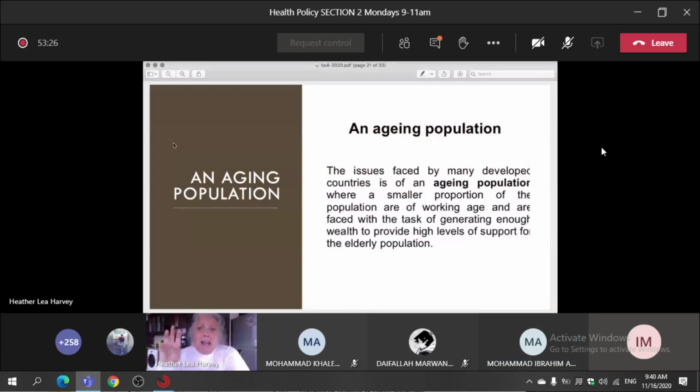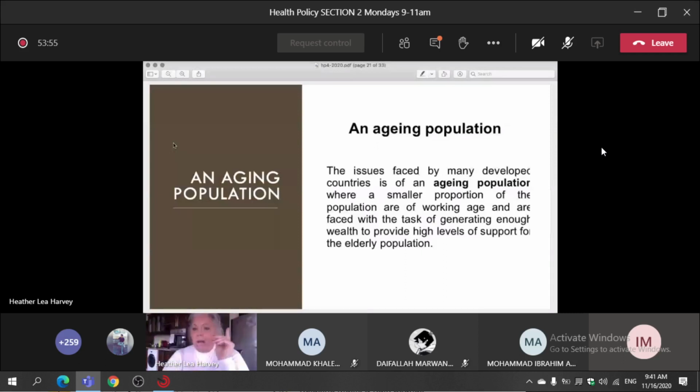Do we need more rehabilitation centers? Do we need more physical therapists? What do we need to support this type of health issue, versus if we're talking about a young developed country with lots of children? Remember, we're talking about vaccines and respiratory diseases. So how the government spends its money and what its policies are is very dependent on how they see their population pyramid.